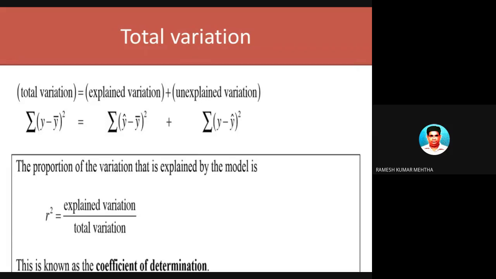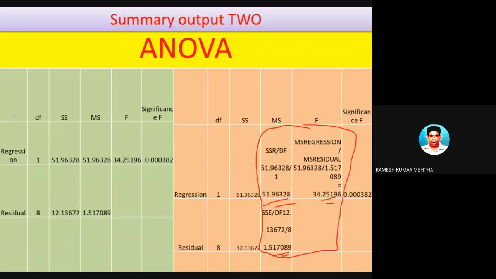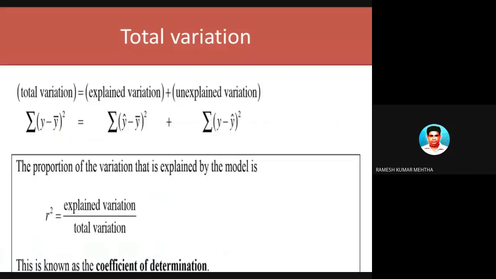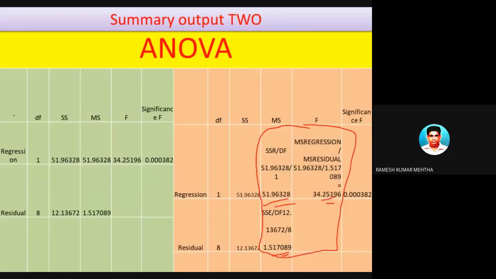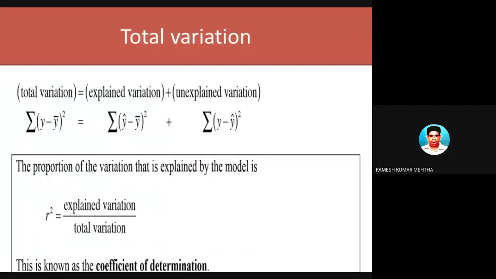The sum of squares total is 64.1. The sum of squares regression is 51.96, and the sum of squares error is 12.13672. Let's incorporate this in this particular equation.